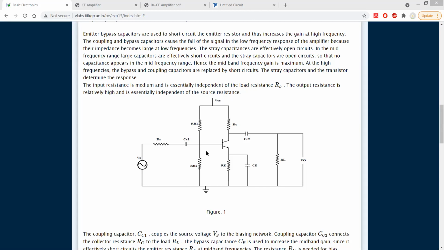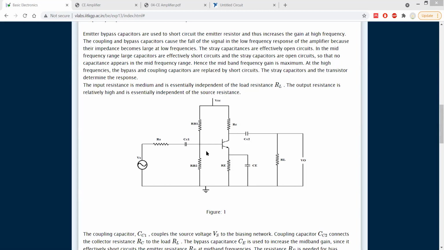But it is not practically possible to design an amplifier which can amplify any signal, irrespective of its frequency. Whatever the frequency of the signal, if you apply our home appliance 50 hertz one, that will be amplified.